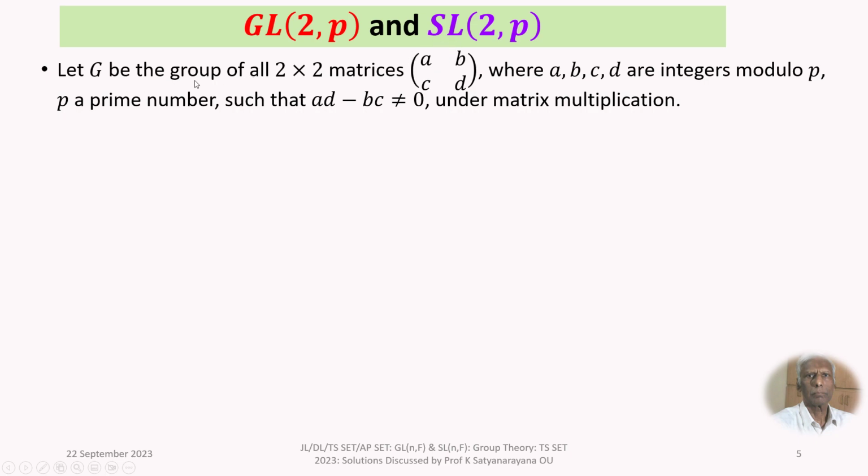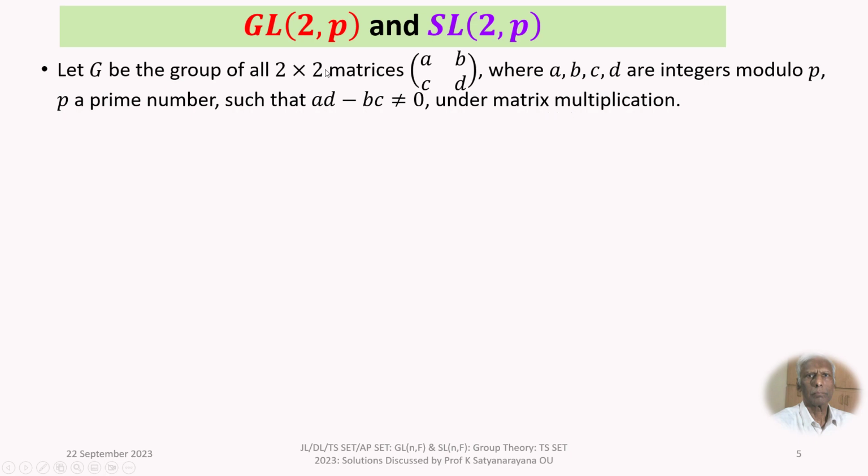That is, G is the group of all 2 by 2 matrices where a, b, c, d are coming from Zp, integers modulo p, which is a field, such that ad minus bc is not equal to 0. That means these are non-singular matrices with the entries coming from Zp under matrix multiplication.